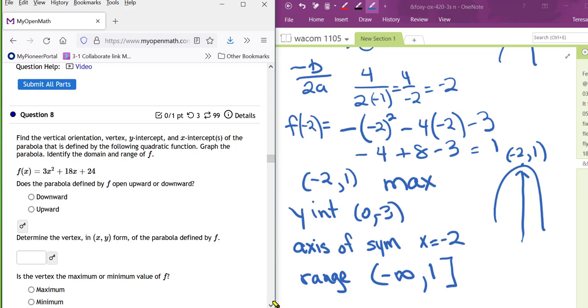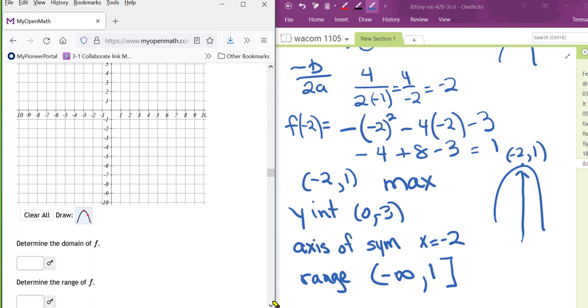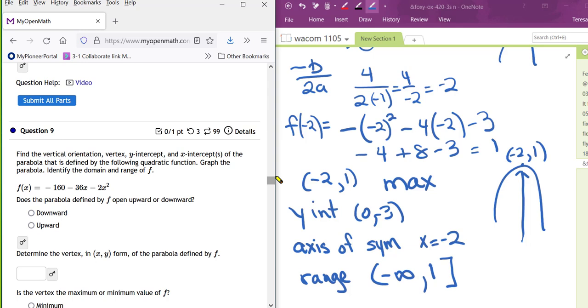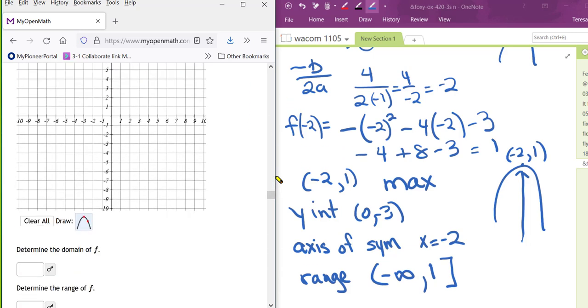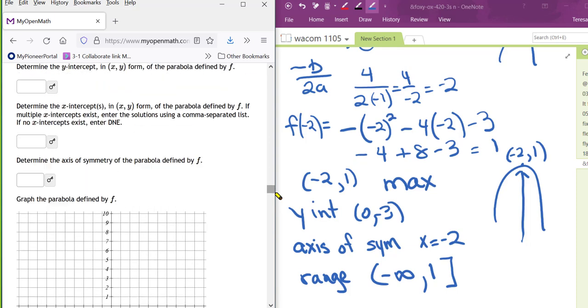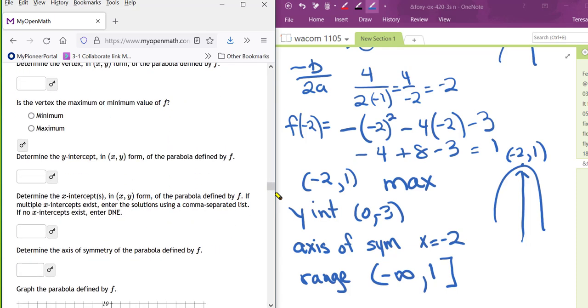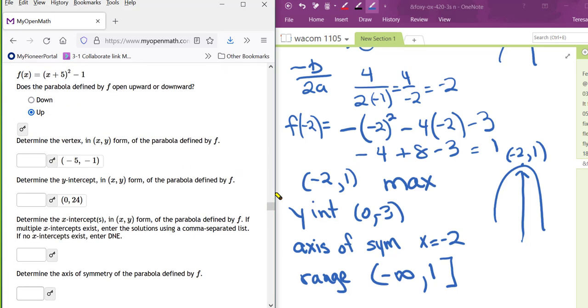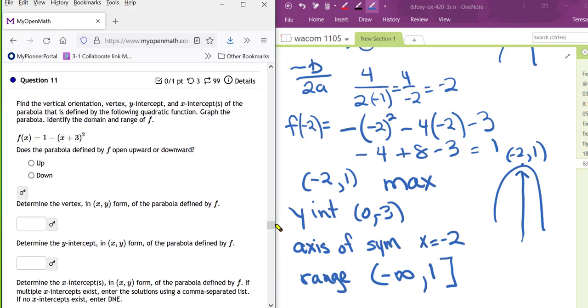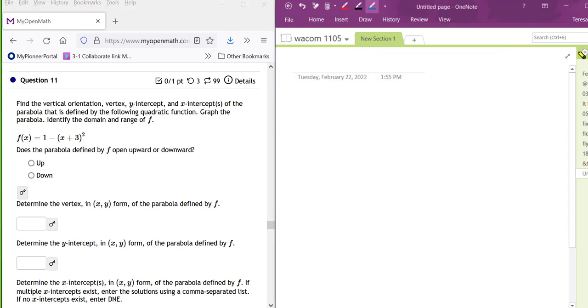So question 12 I had picked. Actually 11. I just wanted to make a comment on it. On this one, just remember you can move your equation around.